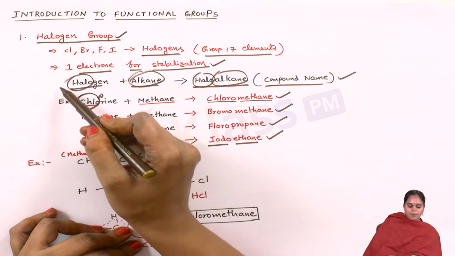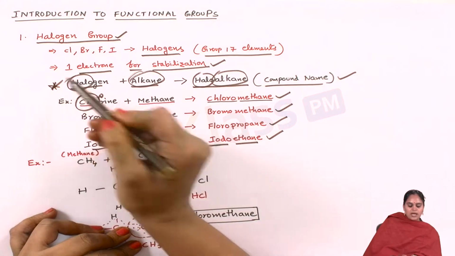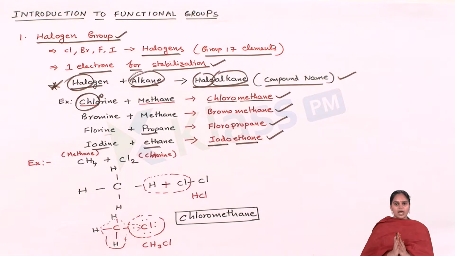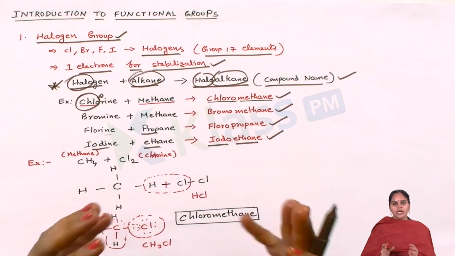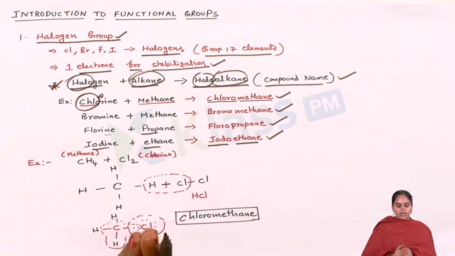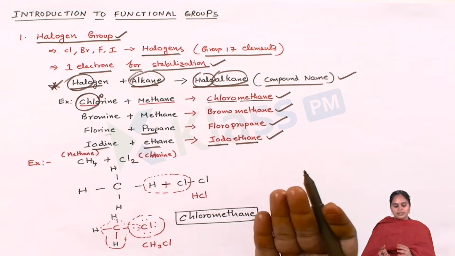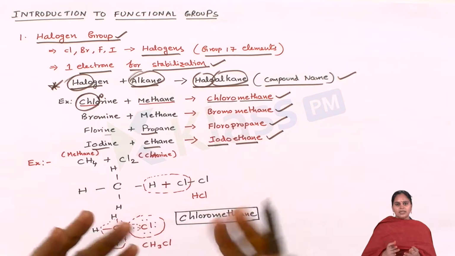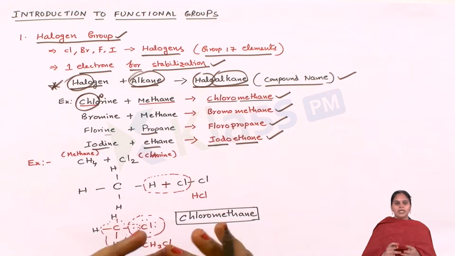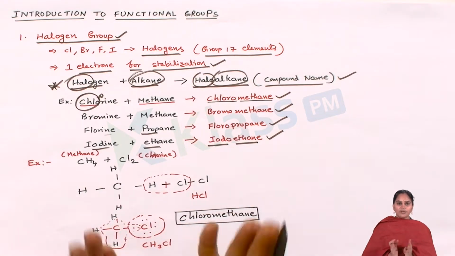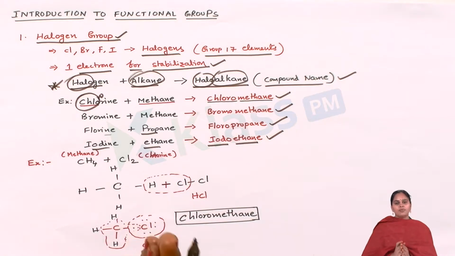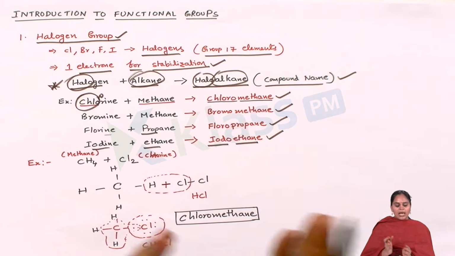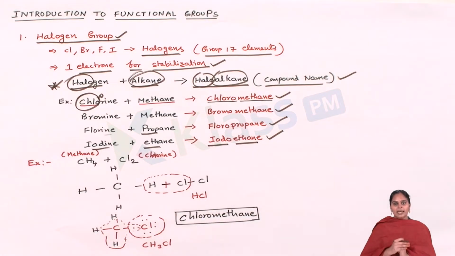You have to remember this formula so that you can easily write down the name. Any halogen, we know about halogens: chlorine, bromine, fluorine, iodine. Any one of these mingles with alkanes. The alkane may be any member: methane, ethane, propane, butane, pentane, hexane, octane, whatever it may be. When it mingles with an alkane, the compound name will be halo plus alkane name.